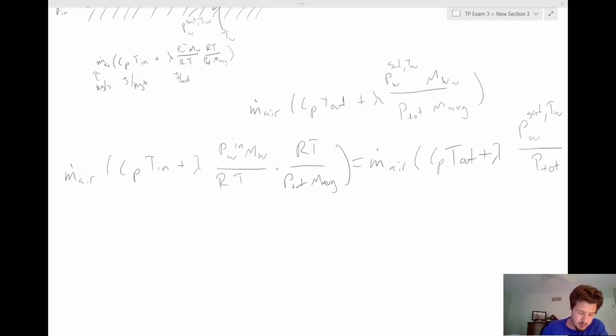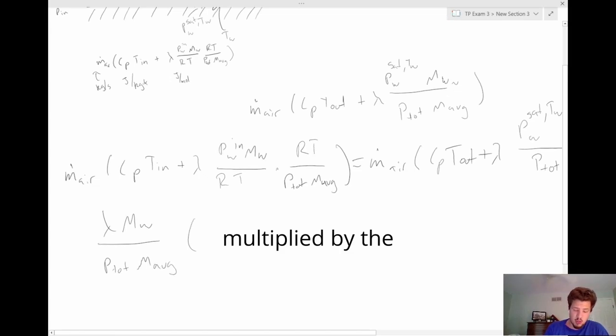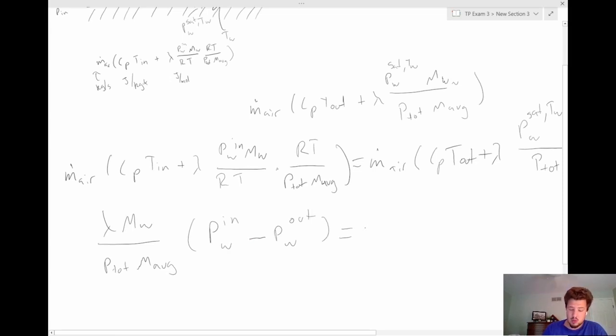So when we simplify and bring over the lambda, we see that we have lambda, the heat of vaporization, multiplied by the molecular weight divided by the total pressure of the system times the average molecular weight, times the partial pressure of water entering the system minus the partial pressure of water at the out, or at the end of the tube, is equal to the total pressure of the system times the heat capacity times the temperature out minus the temperature in.